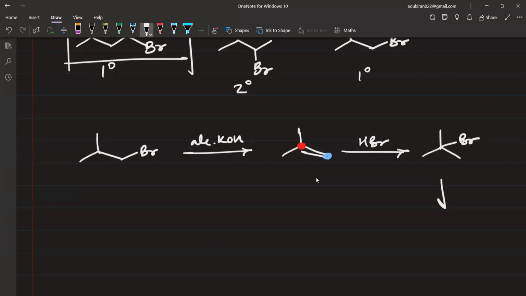Now, when you react this with sodium, what am I going to get? This structure. Wait a second.